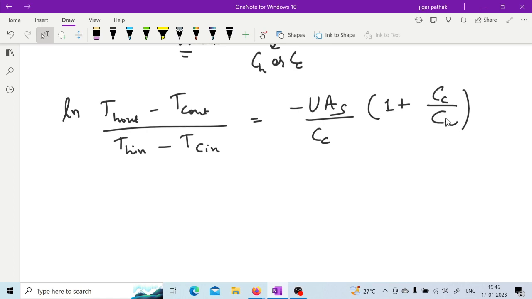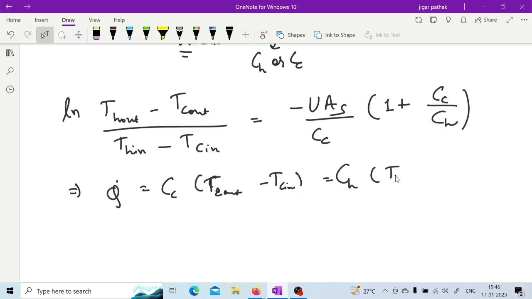Now once you have this, we also have Q equal to Cc (Tc out minus Tc in) is equal to Ch (Th in minus Th out).